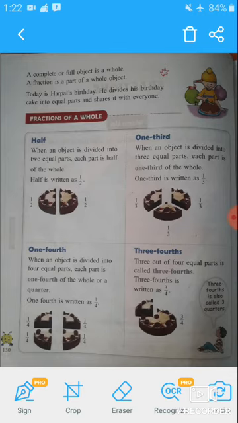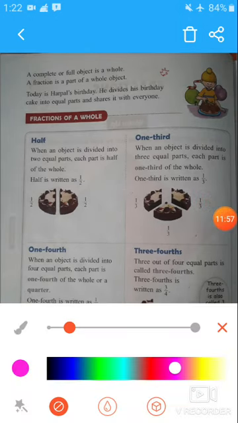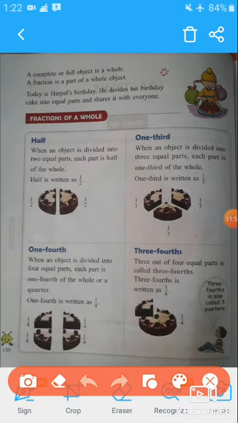Let's take another example from your textbook. Today is Harpal's birthday. He divides his birthday cake into equal parts and shares it with everyone. Now students, here fractions of a whole cake is given.